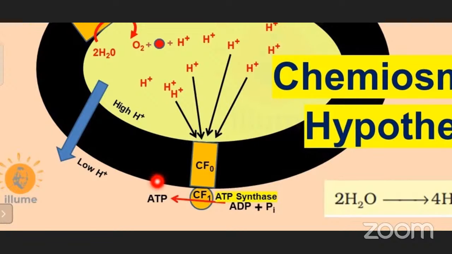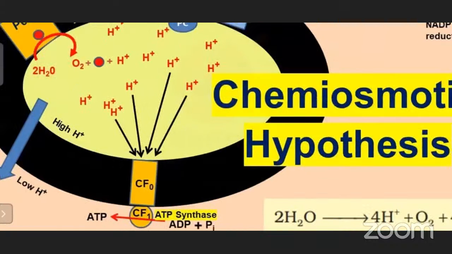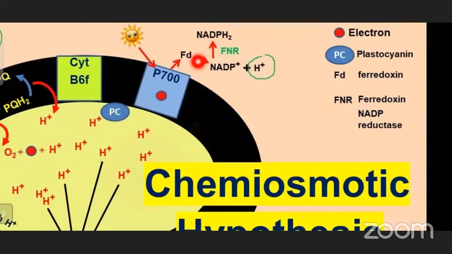This is one thing. And the other thing: when these protons come out, what will happen? You know that this NADP complex is on the outer membrane of the thylakoid. It is not present in the inner membrane.